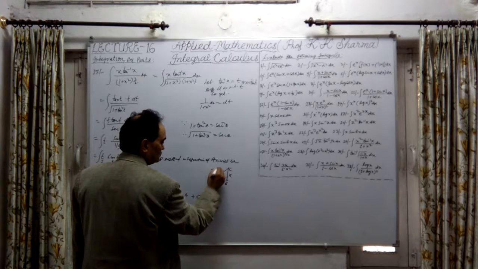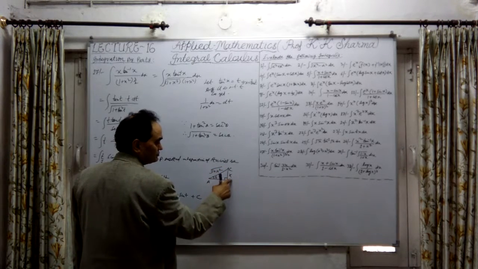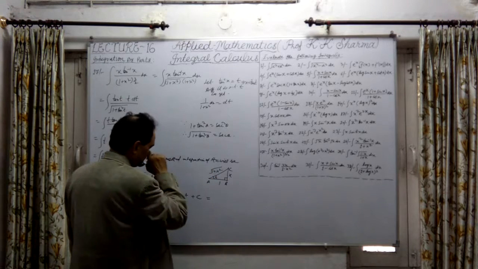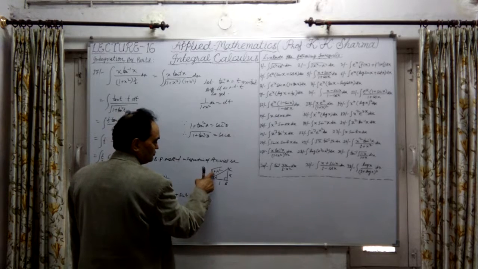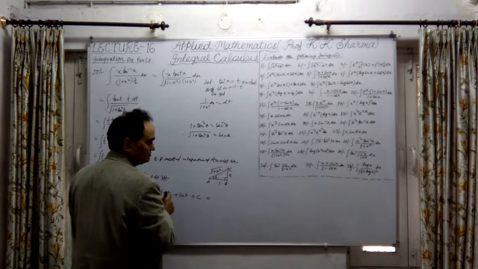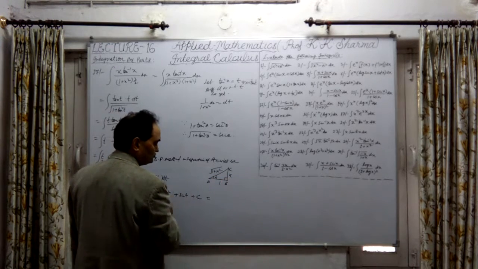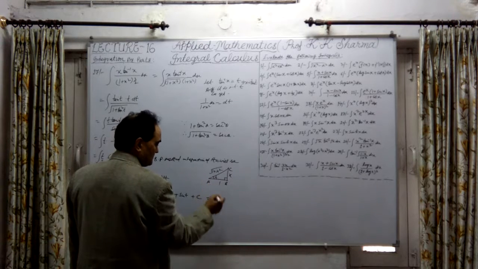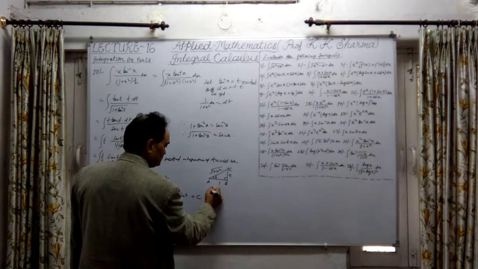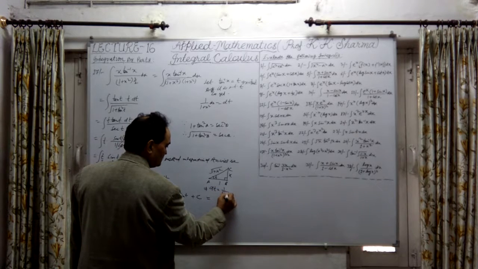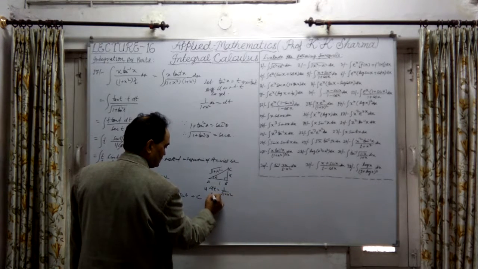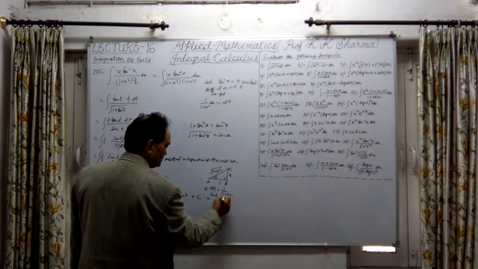This is under root 1 plus x square by the Pythagoras theorem. The sum of the squares of these two sides equals the square of the third side, the side opposite to the right angle, that means the hypotenuse. Therefore cos t equals 1 upon under root 1 plus x square, and sin t is equal to x upon under root 1 plus x square.